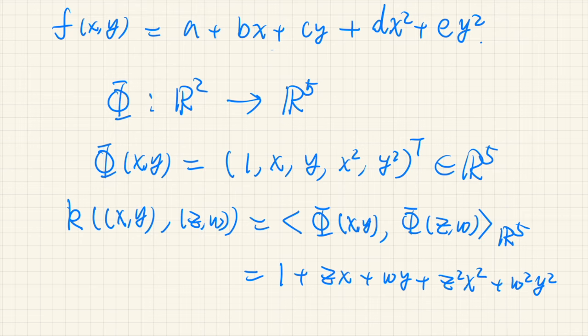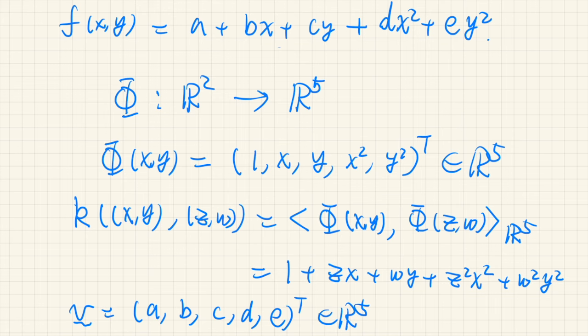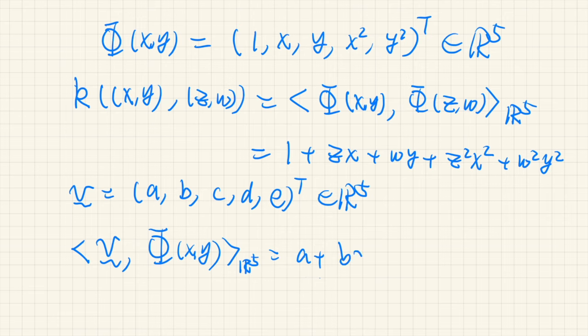And if we have a vector v equal to a, b, c, d, e in the five-dimensional space, then the inner product between v and phi of x, y is a plus bx plus cy plus dx squared plus ey squared.